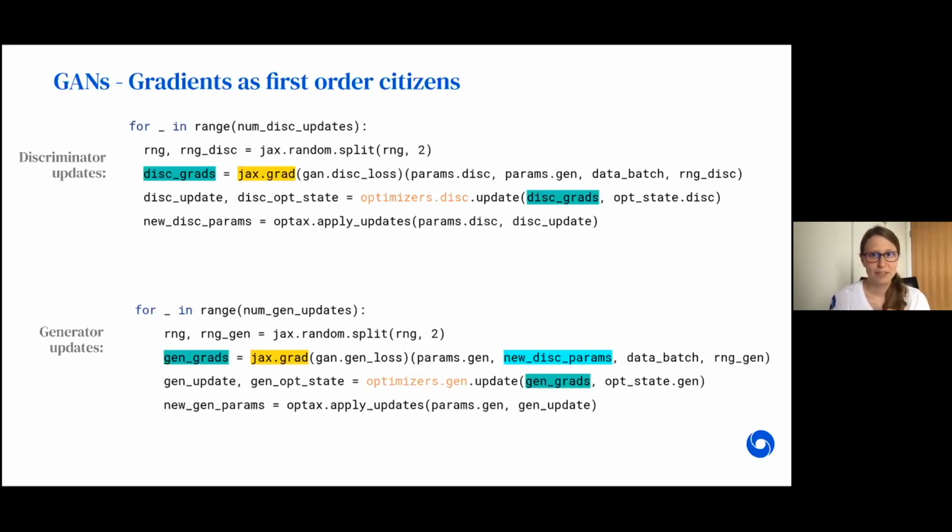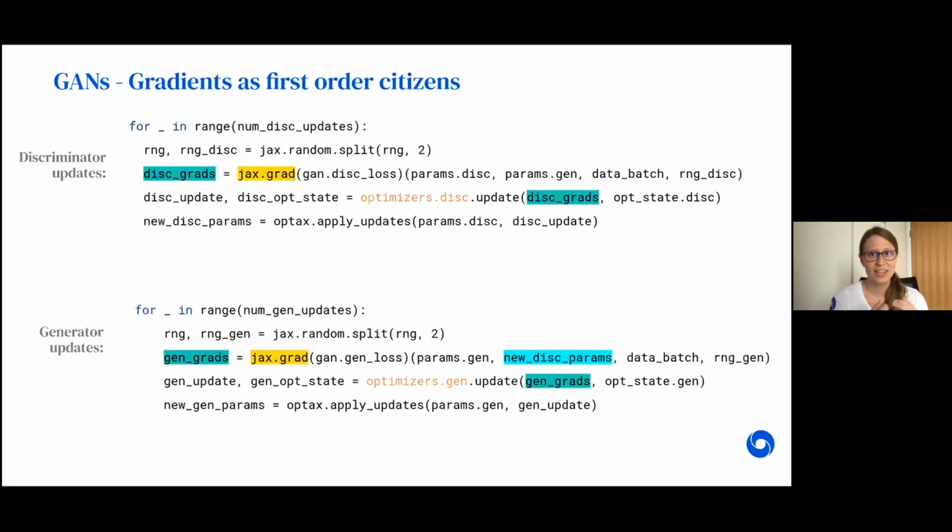You can see that we've wrapped the discriminator loss with the JAX grad method and then evaluate it at the current values of the discriminator and generator parameters. So the grad method returns us the full gradient function, so not just the values, but the actual function. And this is a gradient with respect to the first argument. So in this case, this would be the discriminator parameters.